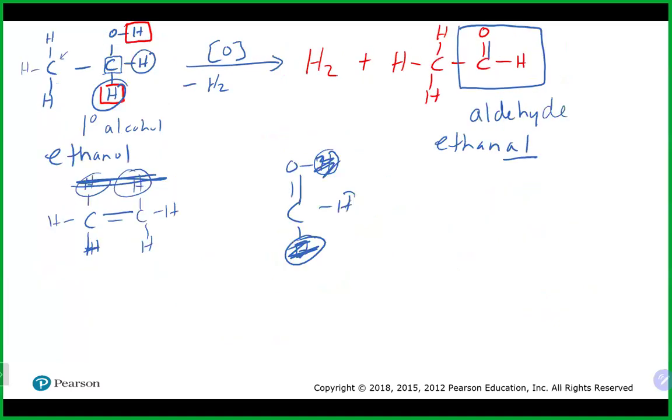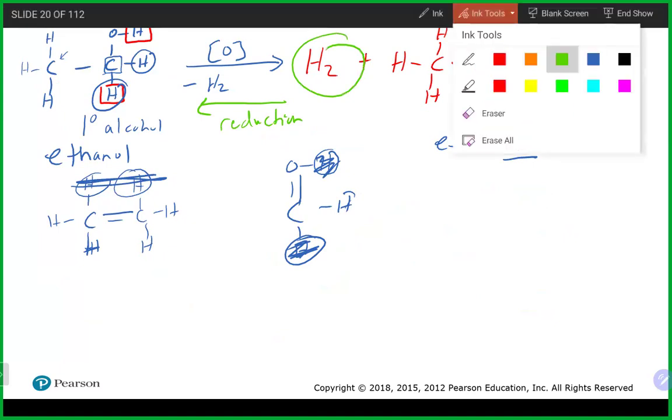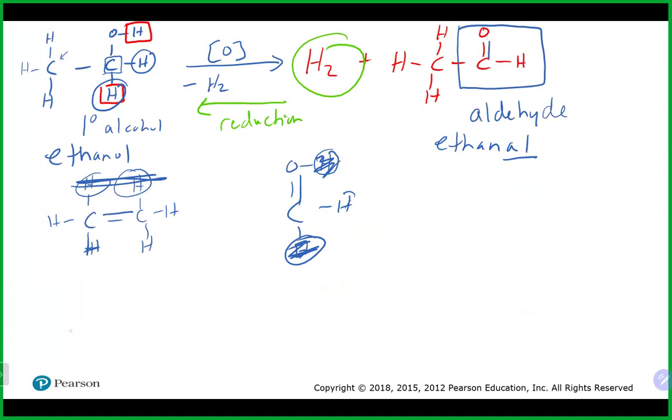If we look at our primary, we could do the same thing with this one because we were able to oxidize it. We could also do the reduction reaction on this one by adding that hydrogen back in. And once again, we would start with our aldehyde in this case. So we'll have our aldehyde here. We will add our hydrogen.